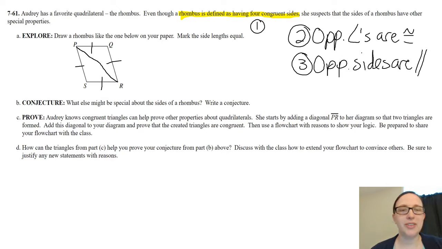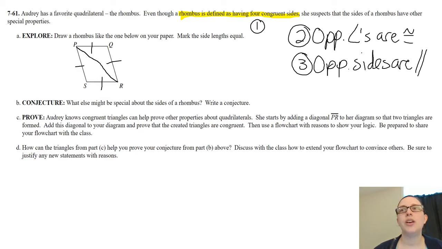A little bit better. All right, so diagonal PR, and that makes 2 triangles that should be congruent. We're going to prove that these 2 triangles are congruent, and then if we prove alternate interior angles are equal, then that means that opposite sides are parallel.